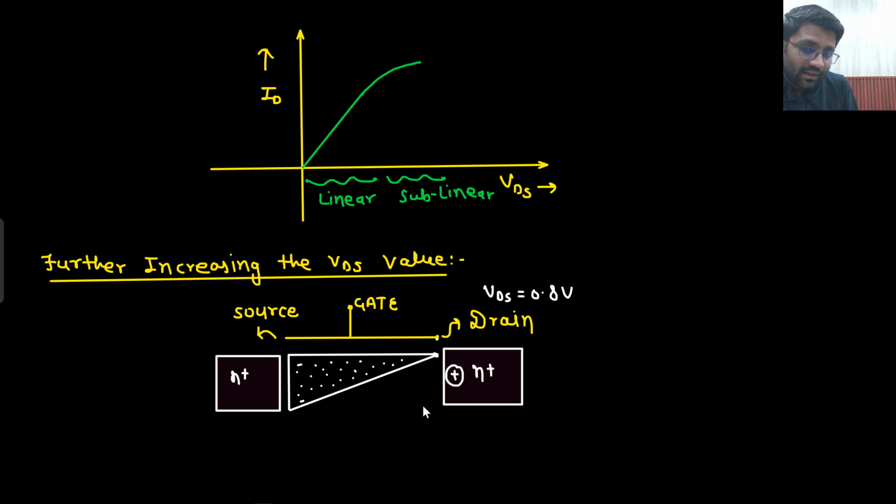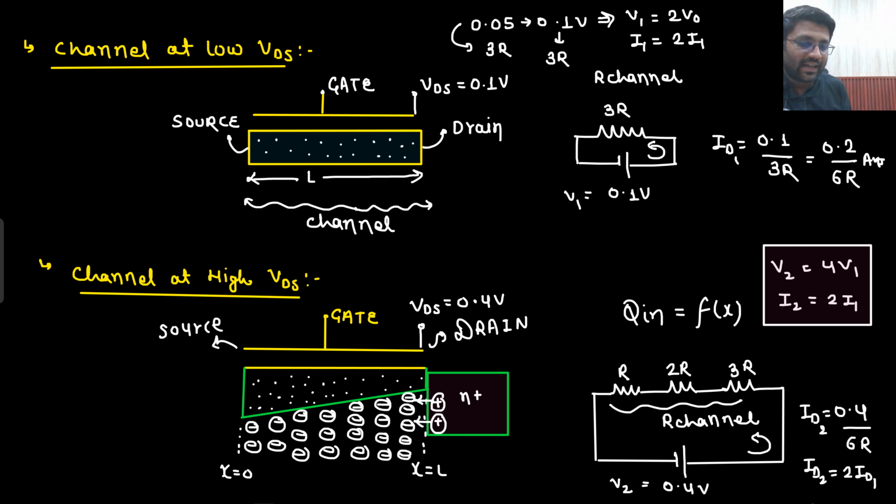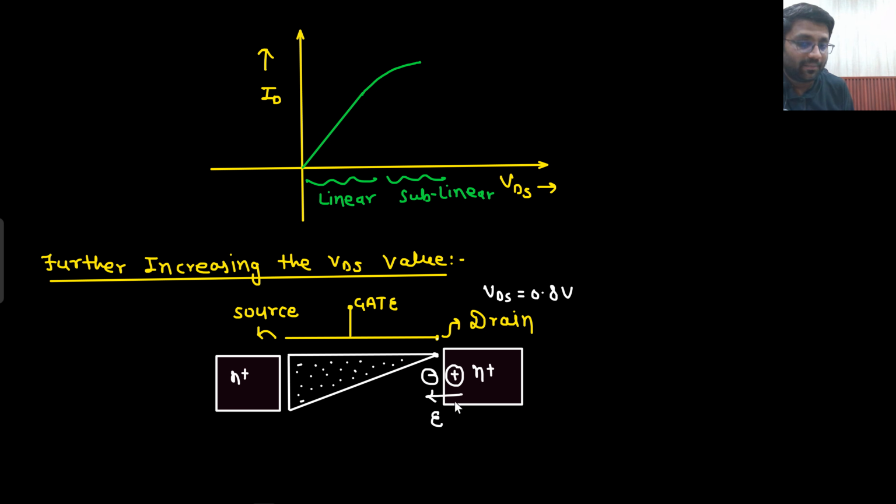But along with the depletion, what is happening? If depletion width is more, that means electric field has become even stronger. Although this R channel has increased, potential has also increased, no? Because of that, depletion width has also increased, and electric field has become even stronger. And if electric field has become even stronger, then electrons will be pulled with more force.